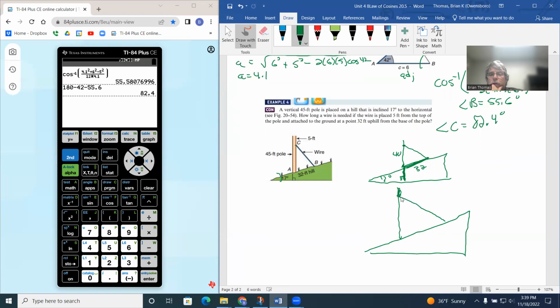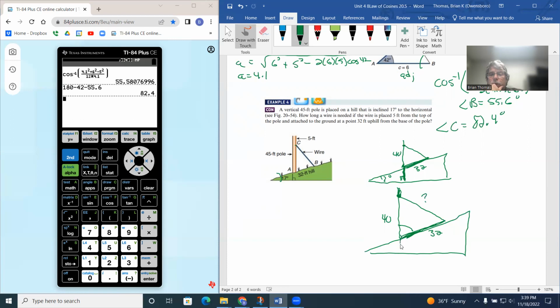But notice in our triangle, instead of 45, we actually use a 40 since it's 5 feet short from there. We don't know the wire, but we do know this distance here is 32. So if we could figure out what this angle is right here, we're kind of home free. We could use the law of cosines to find this opposite side over here.